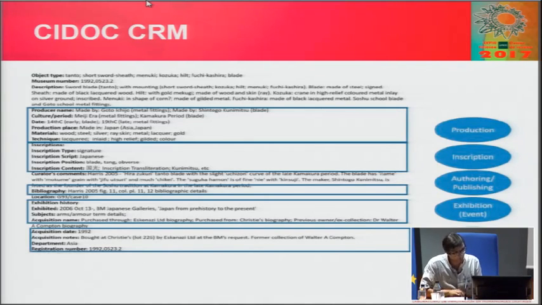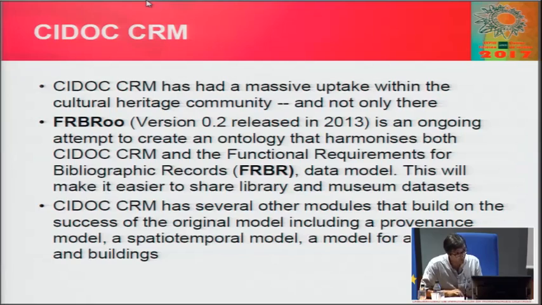And I think with CIDOC CRM, you're starting to see something similar within the cultural heritage domain. CIDOC CRM has had a massive uptake within the cultural heritage community, and not just within the cultural heritage community.